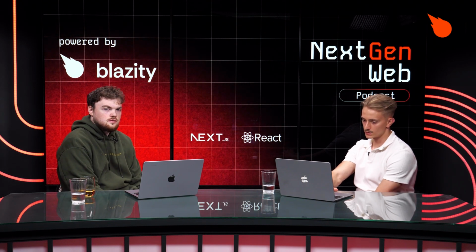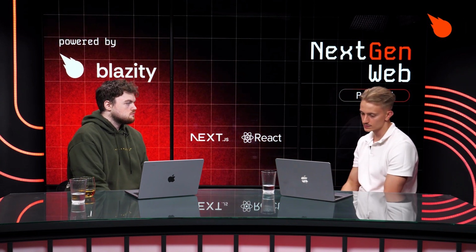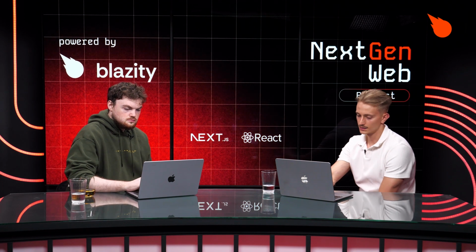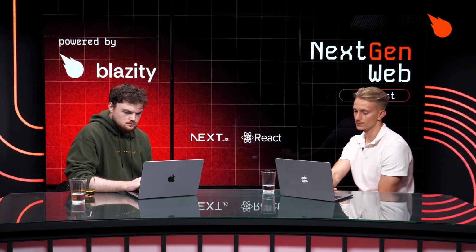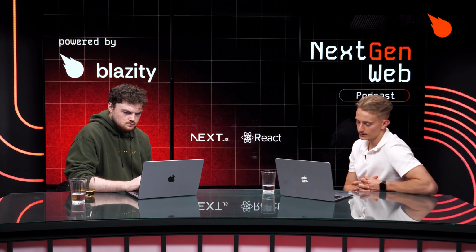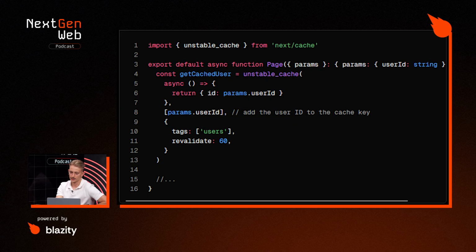I guess we can also show a quick code example of how unstable cache really looks, just to have a better reference. So basically, as we have here in the example, we are importing unstable cache from next cache. And we have the function getCachedUser, which takes advantage of unstable cache.